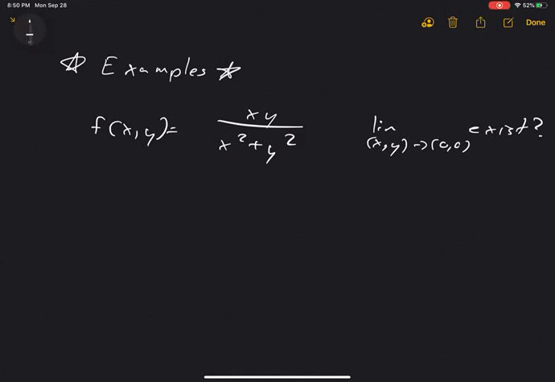Well, when you're looking at this, maybe the first thing to do is see if you can spot that it doesn't exist first. That is often the easiest way to do it.